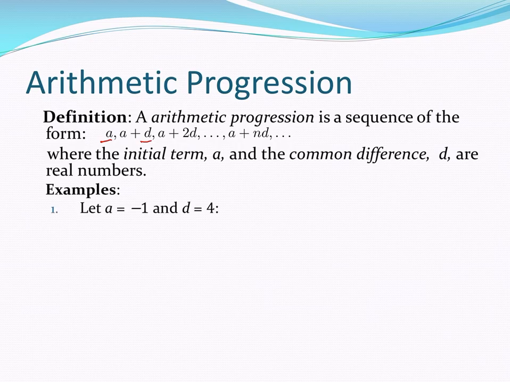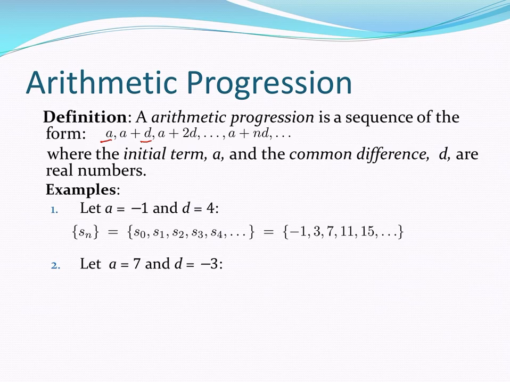So if a is -1 and d is 4, then the mapping from the set of non-negative integers will have -1 plus 0 times 4, essentially, and then -1 plus 4 is 3, -1 plus twice 4 is 7, and so forth.